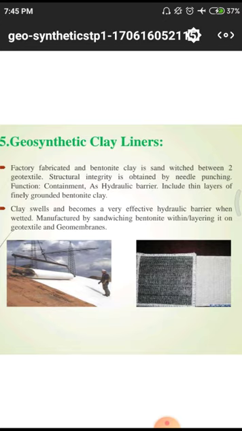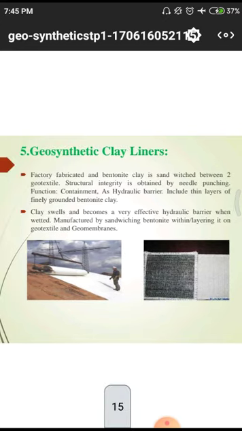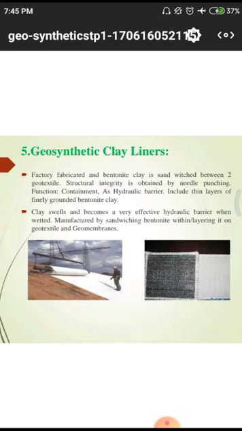Clay swells and becomes a very effective hydraulic barrier when wetted, and it is manufactured by sandwiching bentonite with a layering of geotextile or geomembranes. Bentonite is a type of clay material. It is not a chemical, it is a type of clayey material.